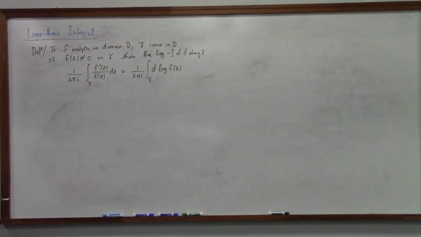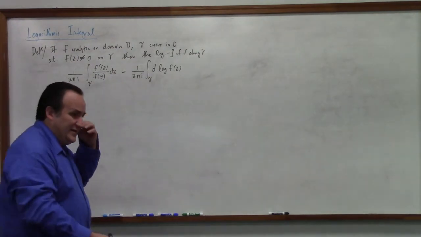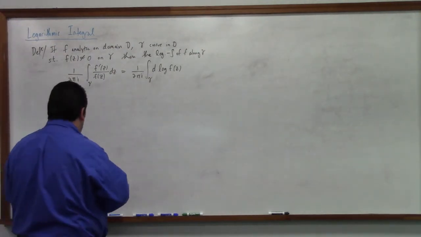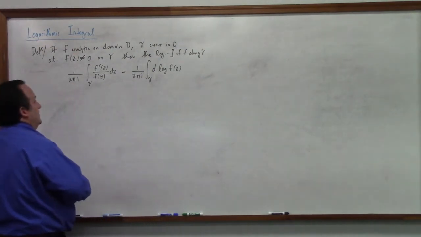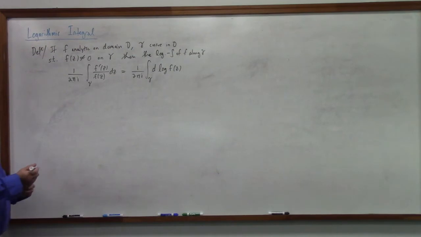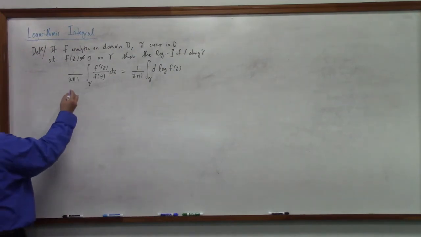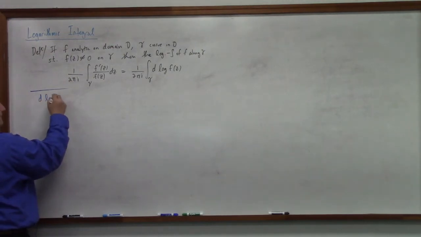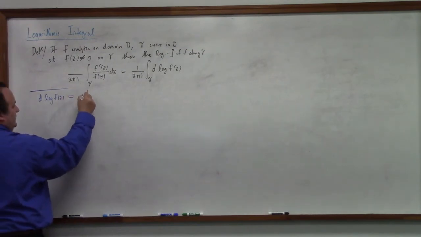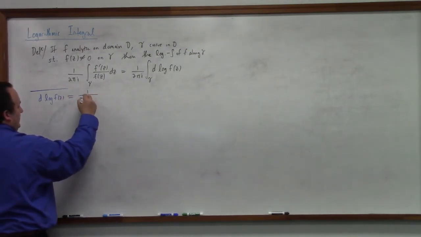Now the first thing here, this is just a differential identity, right? In the definition, you see why this is a reasonable thing to write? Does that make sense to you guys? What happens if I take the differential of the log? Remember the derivative of the log is 1 over f of z, right?